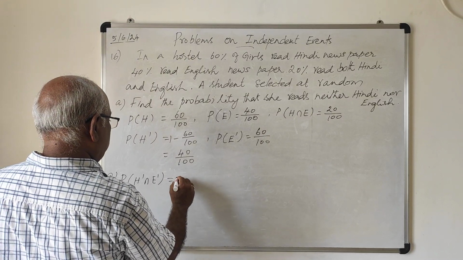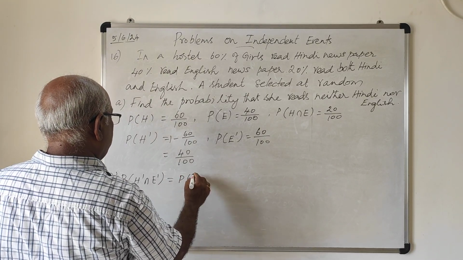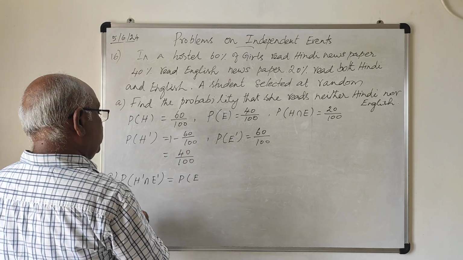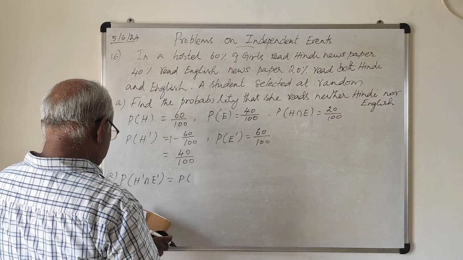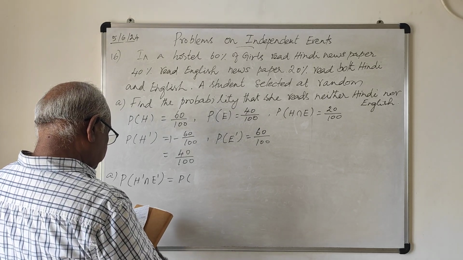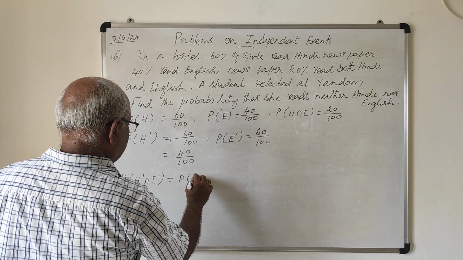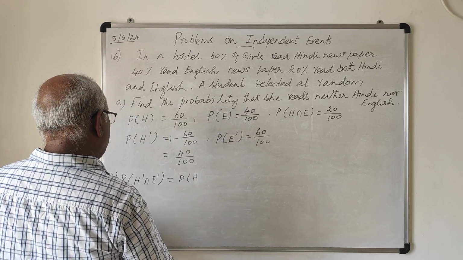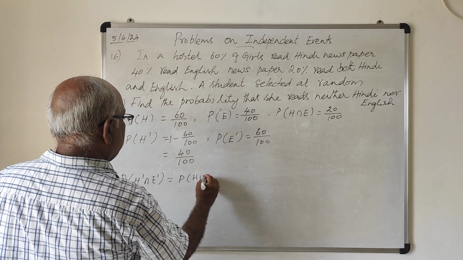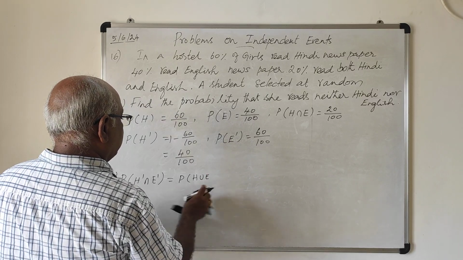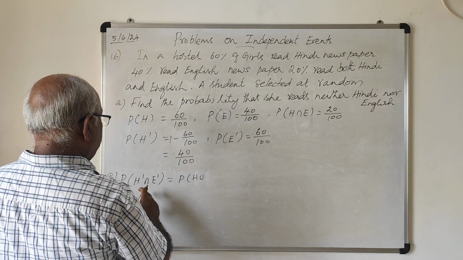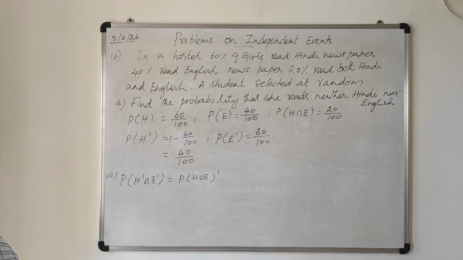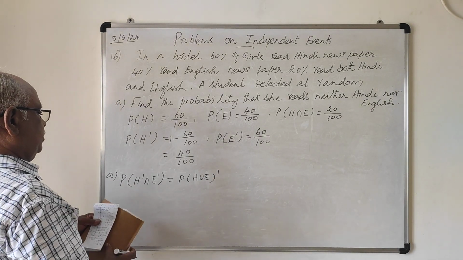P of H dash intersection E dash is equal to the probability of H union E, the whole dash.